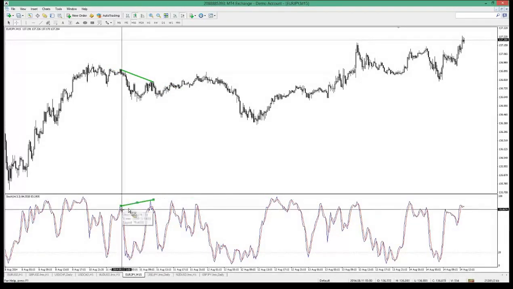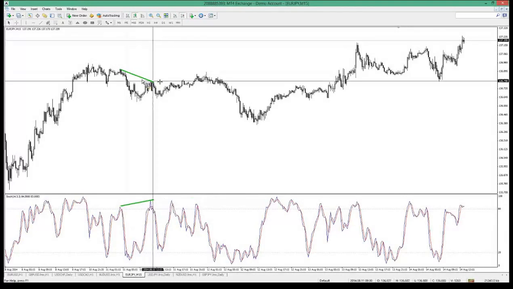Okay, another one there, moves higher, price lower. Like dollar yen, let us have a look at the dollar yen.